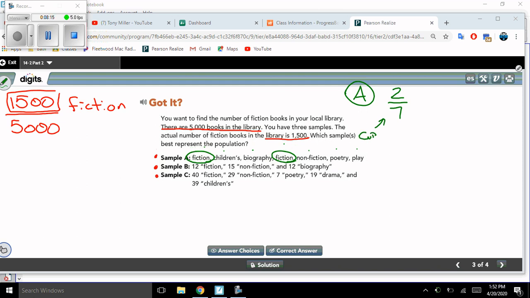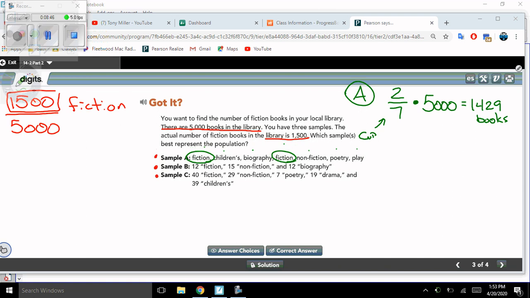So if I took 2 over 7 and multiplied it by my 5,000 total books, this is going to yield 2 over 7 times 5,000, about 1,429 books. So the question becomes, can I get any closer to 1,500 than 1,429?